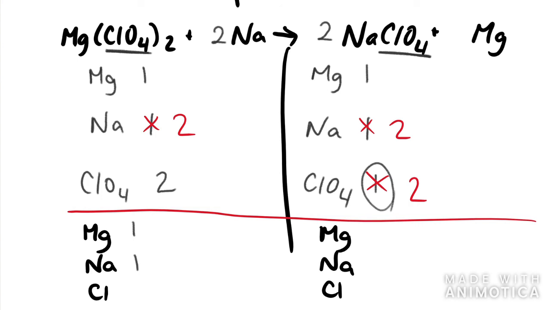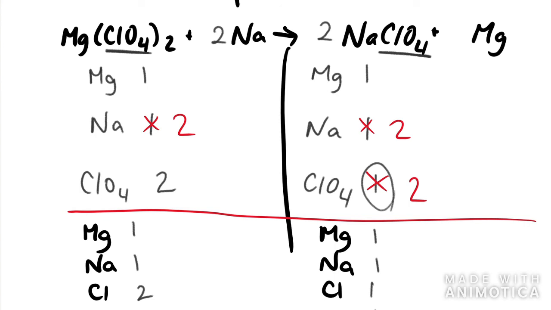There's 1 in the brackets, but there's 2 of the brackets, so there's 2. There's 4 oxygen inside the brackets and 2 of the brackets, so it's 8. Then 1, 1, there's only 1 chlorine and 4 oxygen on the other side.